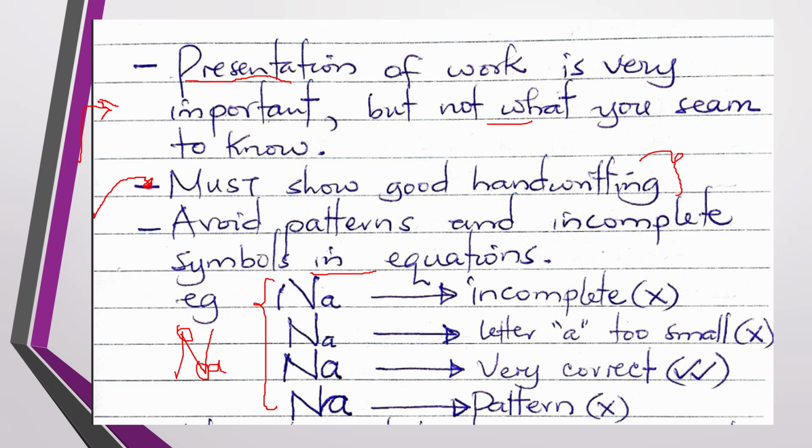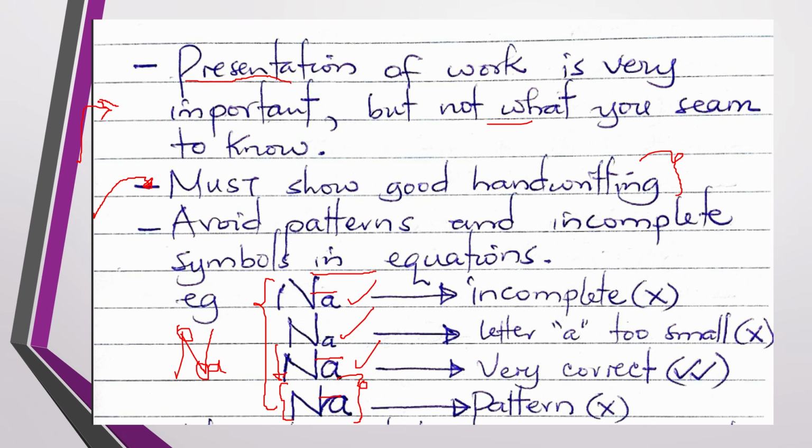Now, when you are writing a symbol, make sure the other letter, which is the smaller letter, is halfway up the letter you have written. For example, this is the right formula for sodium. You write the capital letter which completes the line, and then the other letter, which is small, must be halfway up that letter. If you look at these, the first one, the second one and the third one are incorrect. In the fourth one, the a is halfway up our margin, which is our line, so this one qualifies to be correct.